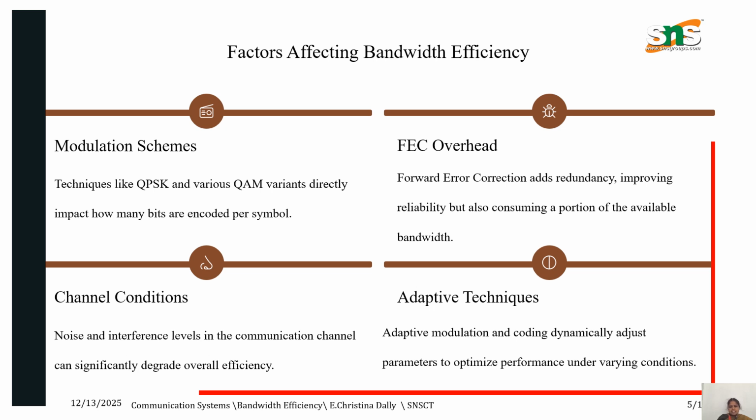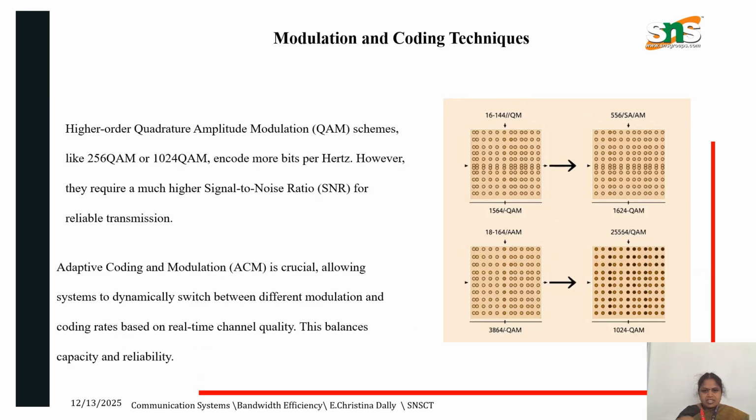The channel conditions mean the noise and interference levels. The noise and interference levels in the communication channel will degrade the overall efficiency. And adaptive techniques mean we have to optimize the performance parameters. So these are the factors that affect the bandwidth efficiency.